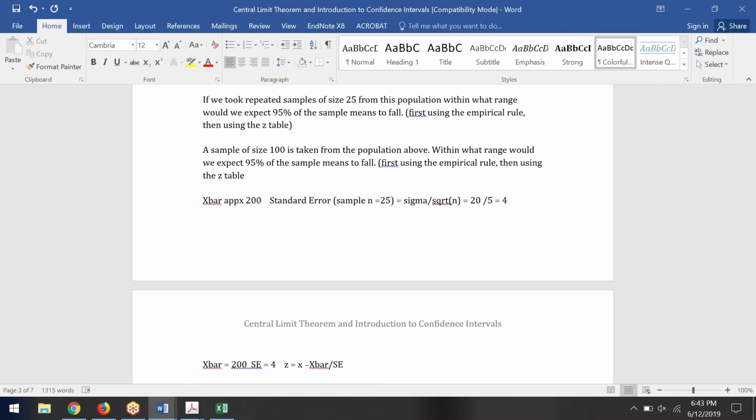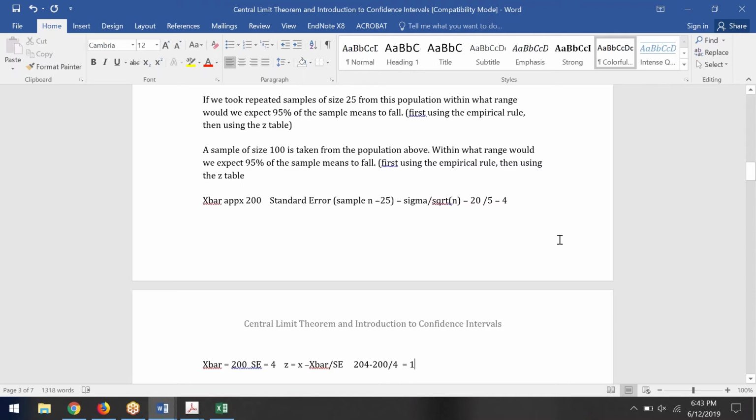So what is that going to be? x is 204, so 204 minus 200, divided by the standard error, which is equal to 4. So that's going to be equal to 1. So one standard error, or one standard deviation for the sample population.